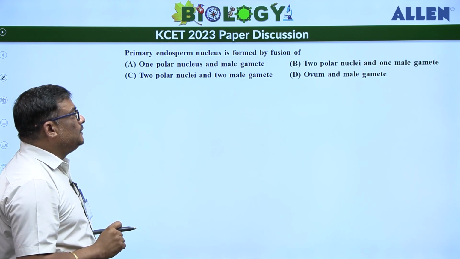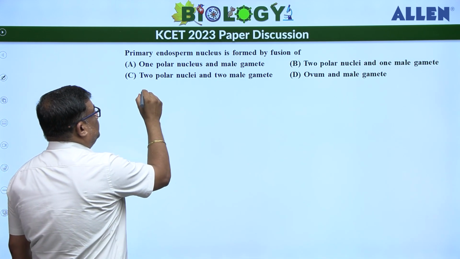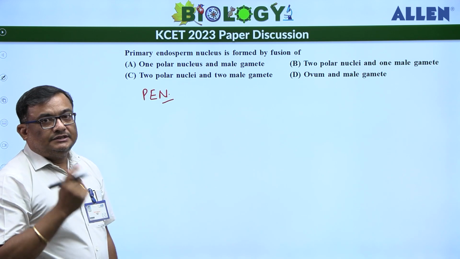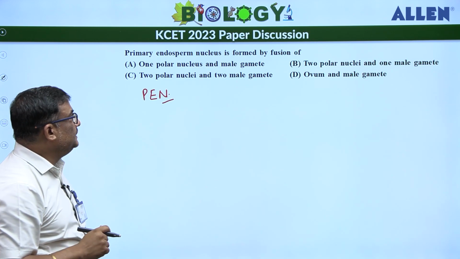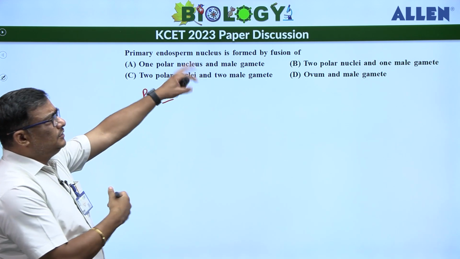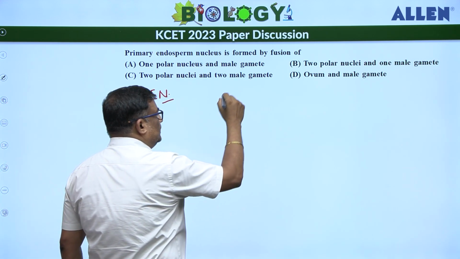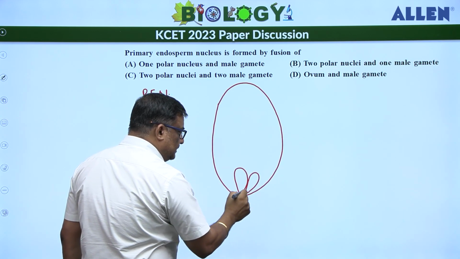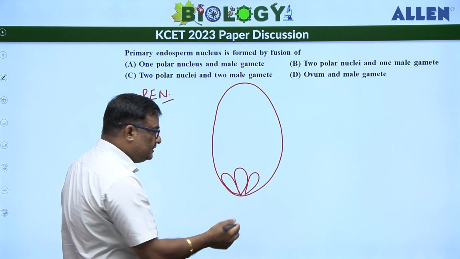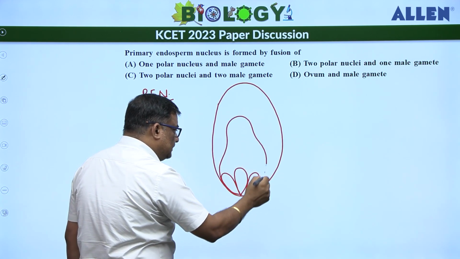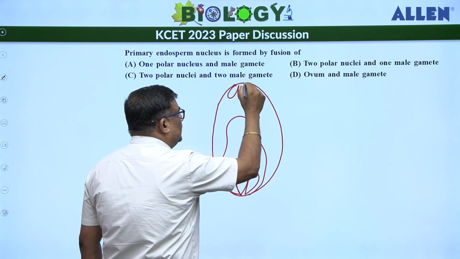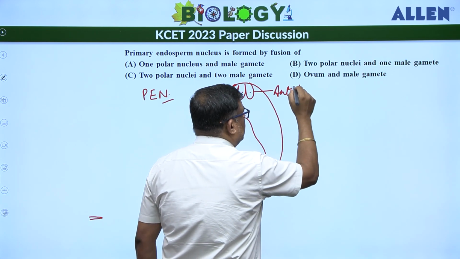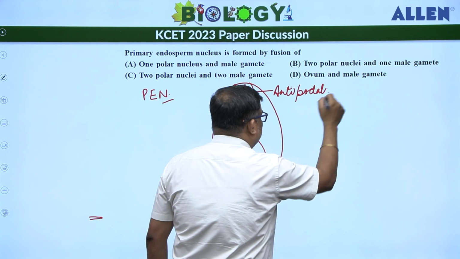Primary endosperm nucleus is formed by the fusion of... This is from the chapter Sexual Reproduction in Flowering Plants of NCERT. So forget about the options for the time being. Let us have an embryo sac. We have the egg cell, synergids. Inside the synergids we have the filiform apparatus. This is going to be the central cell, and these are going to be the antipodals.